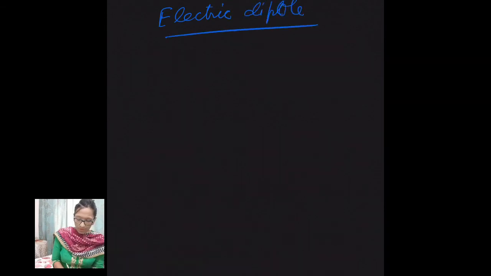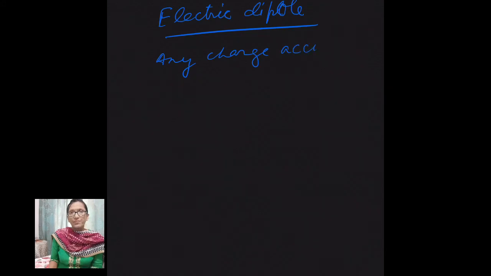We found that the electric field due to an electric dipole is inversely proportional to the cube of R. So let us define an electric dipole using this fact.